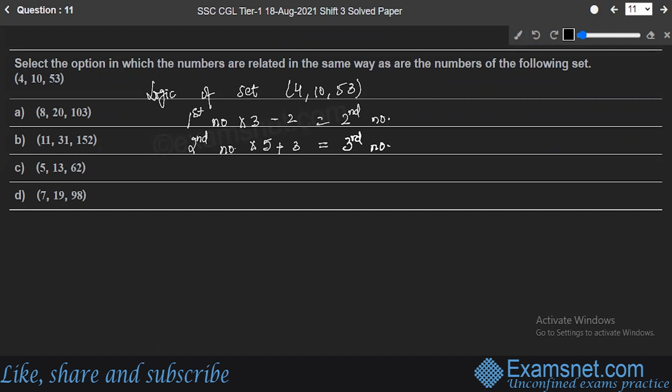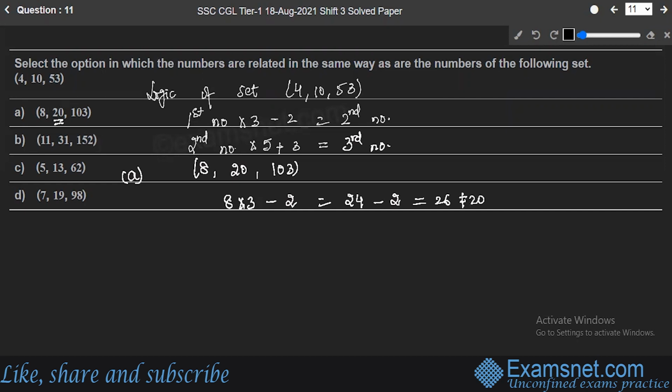Now let's check all the options. Start with option A, which is 8, 20 and 103. The first number is 8, multiplied by 3 minus 2. This is equal to 24 minus 2, which is 26, which is not equal to the second one, that is 20.